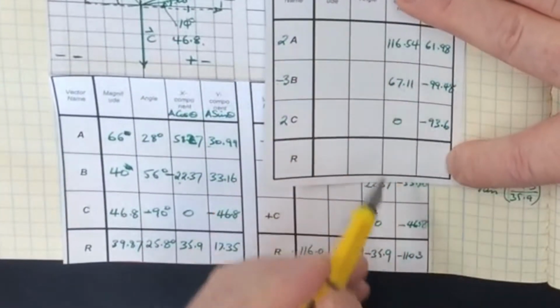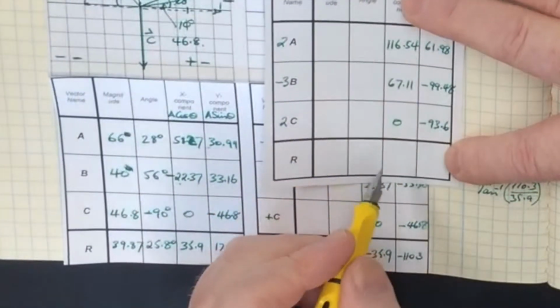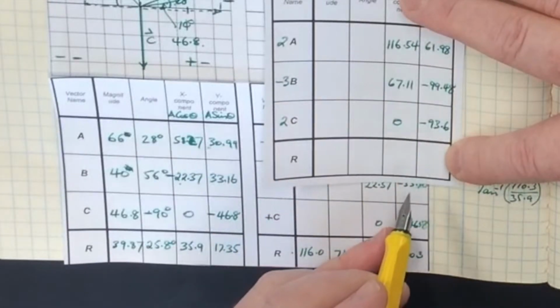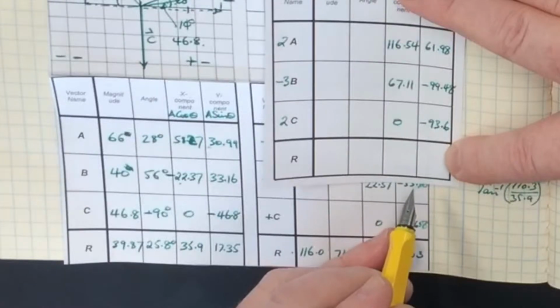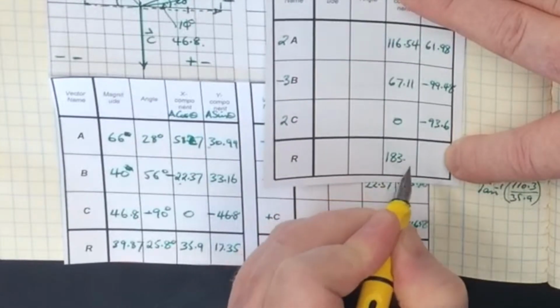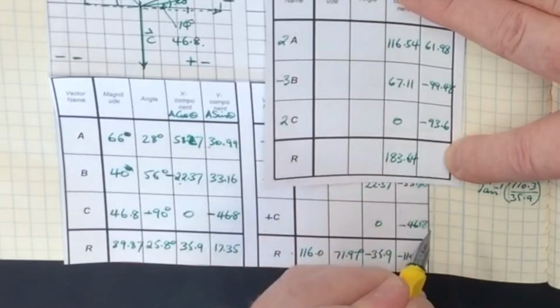And again, I'm going to do the same thing. I'm going to now add these up. So I've got 116.54 plus 67.1 plus 0, giving me the x component of my resultant vector, which is 183.64.